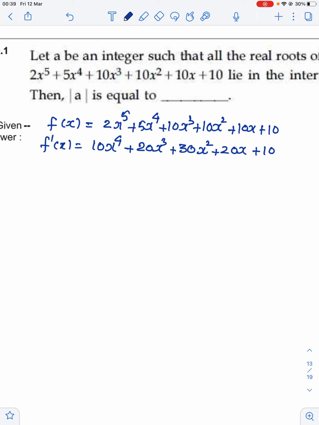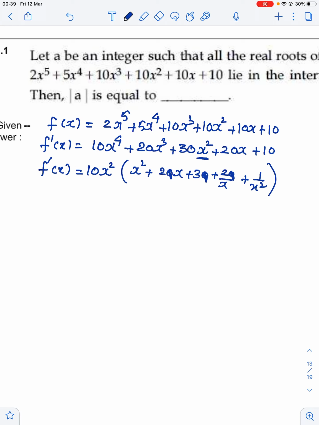From both sides they are symmetrical. In such a case you can take the middle term common, that is x square, and obviously 10 is also common. So 10x square is common, so it will be x square plus 2 by x plus 3 plus 1 by x square.